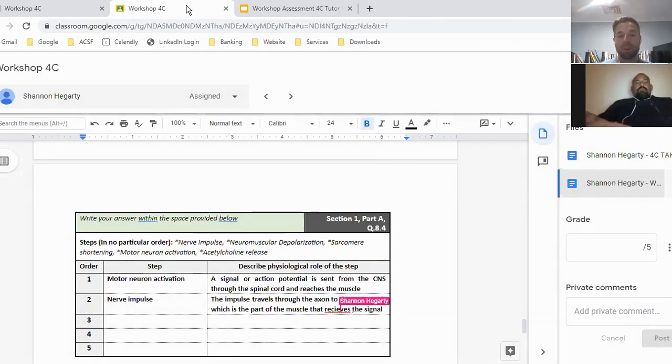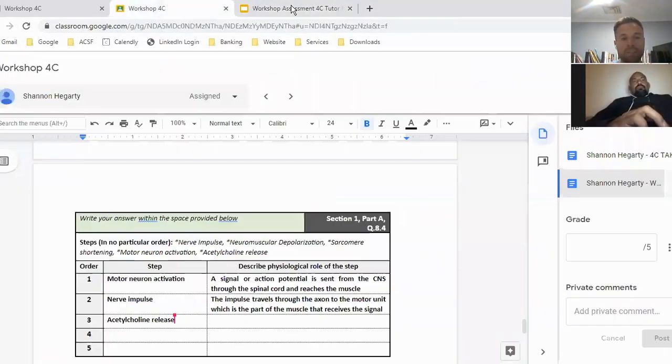Okay, now the third part is there's a little transfer of energy here. The third part is what we call the acetylcholine release. Again, this is very dry science stuff. You can see it up there at the top, acetylcholine release.